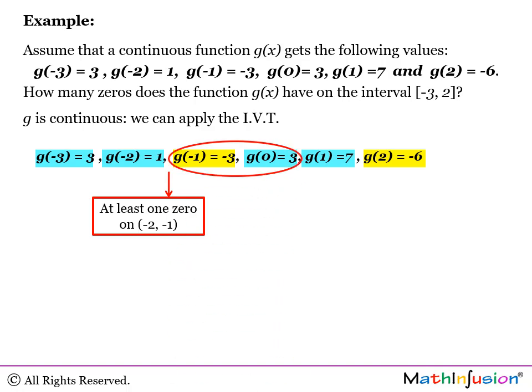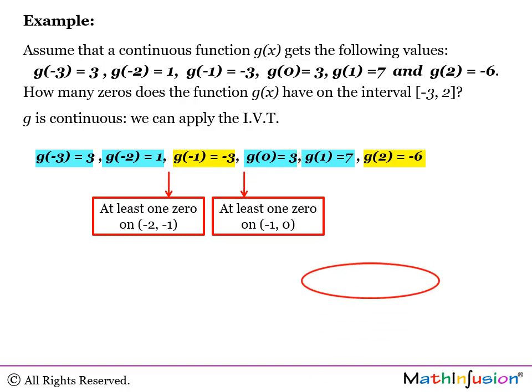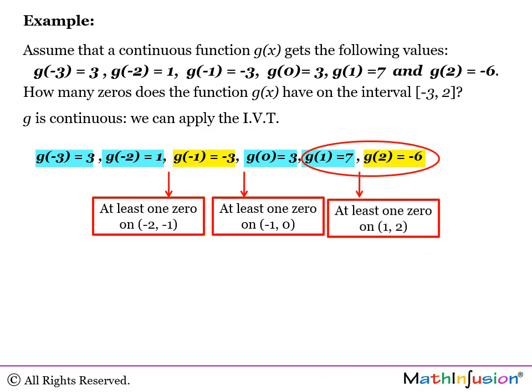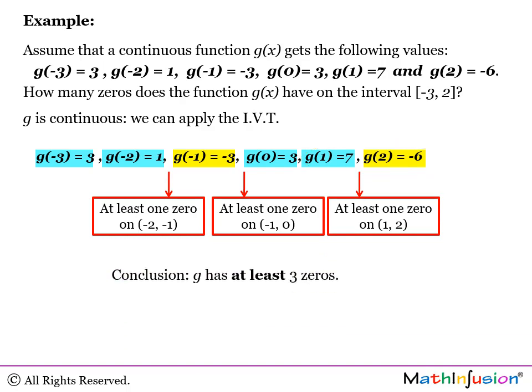Here is another change in the sign of the function. So there is at least one zero on the interval [-1, 0]. Here there is another change in the sign. So there must be at least one zero on the interval [1, 2]. We can conclude then that g has at least 3 zeros. Pay attention. It may be more, but g has at least 3 zeros.